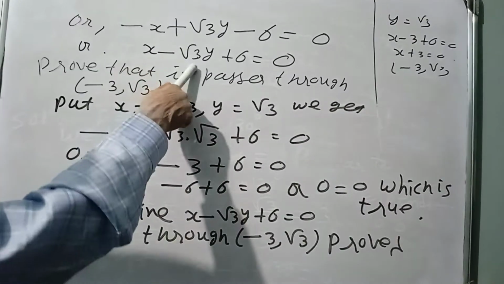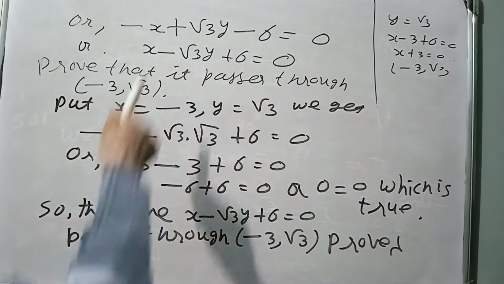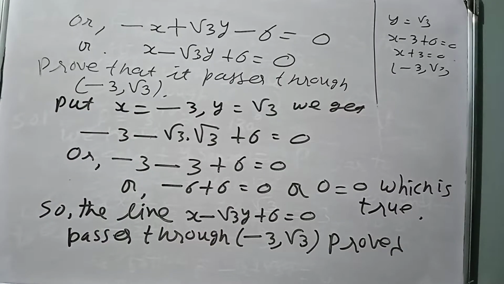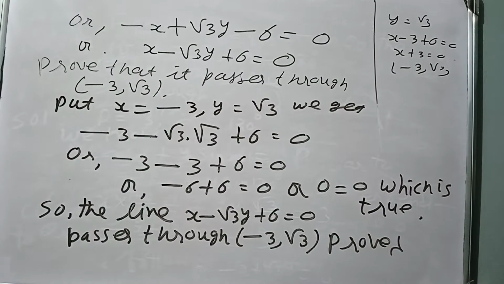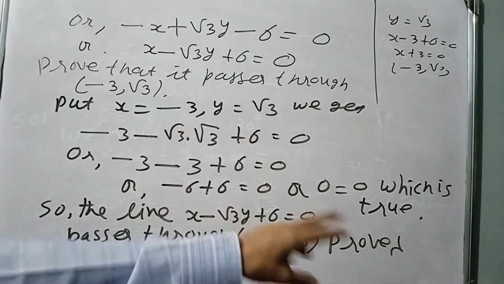And if it asks to also prove that this line passes through -3, √3, then put x equal -3 and y equal √3 and you will get -3 minus √3 into √3 plus 6 equal 0, or 0 equal 0.